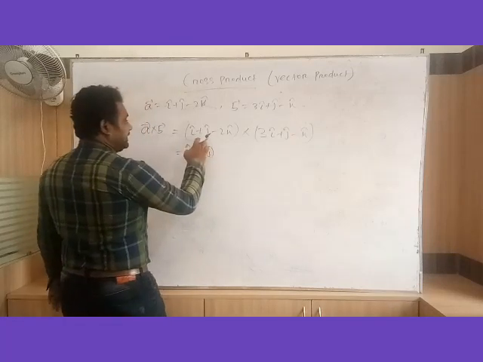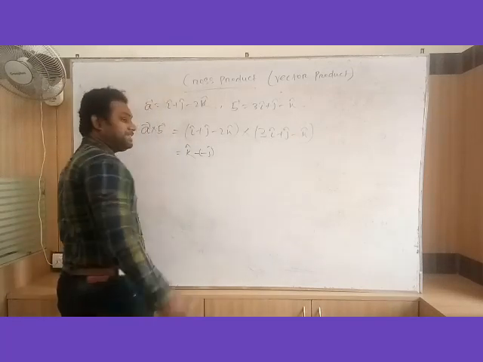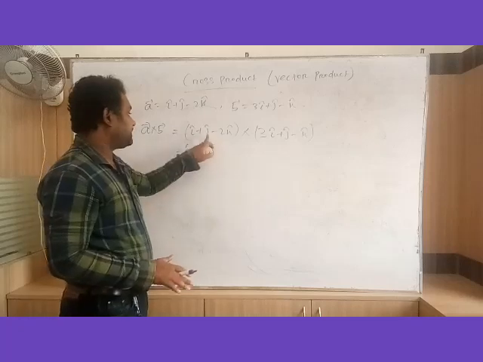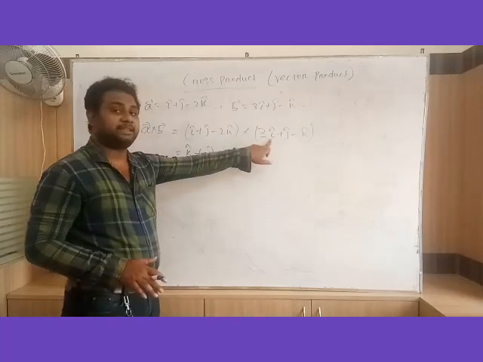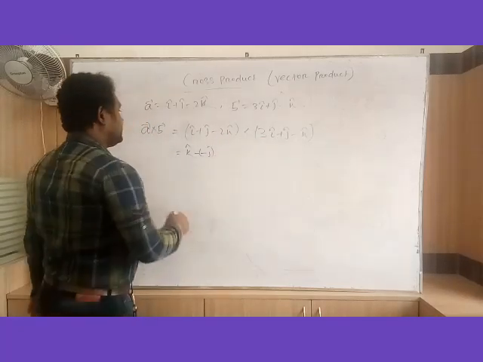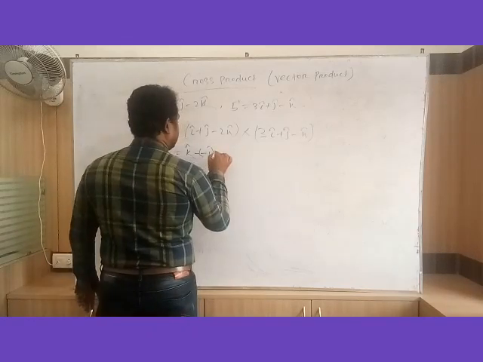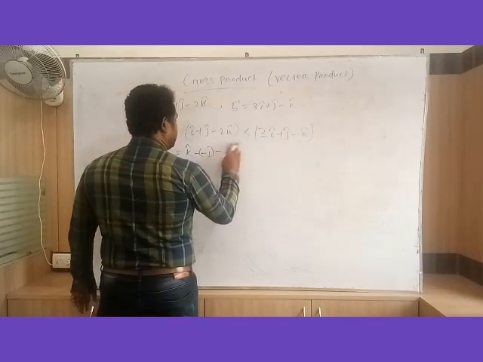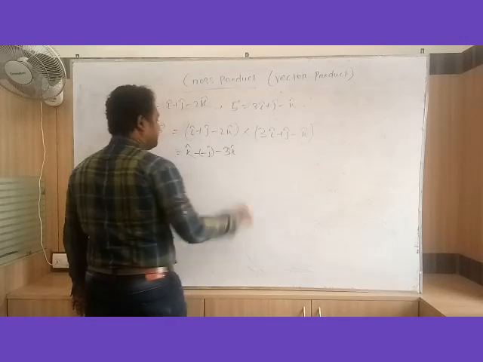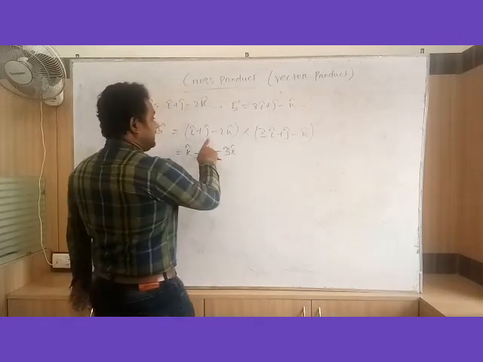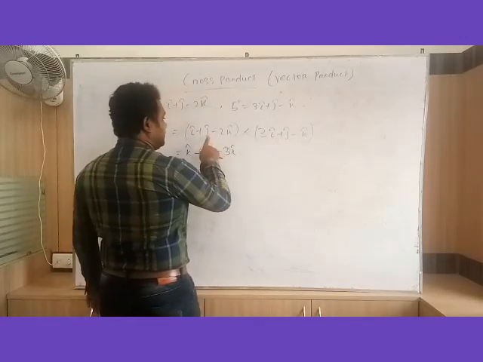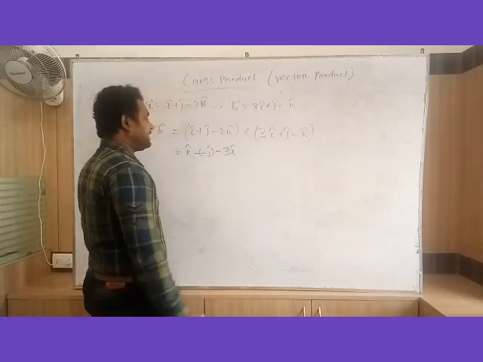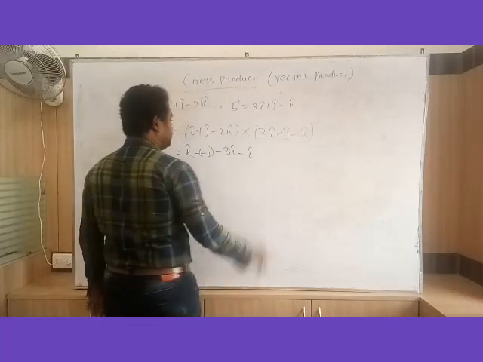Then come to j cross 3i. I cross j is k, but j cross I is minus k. So the value becomes minus 3k cap. j cross j is 0, j cross k is I, minus I.